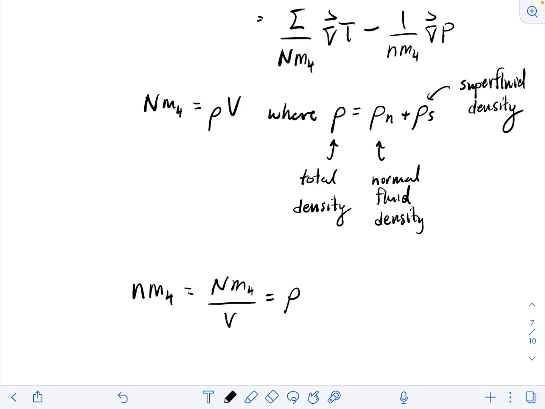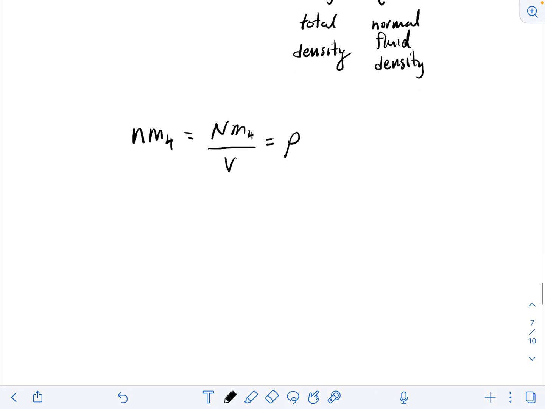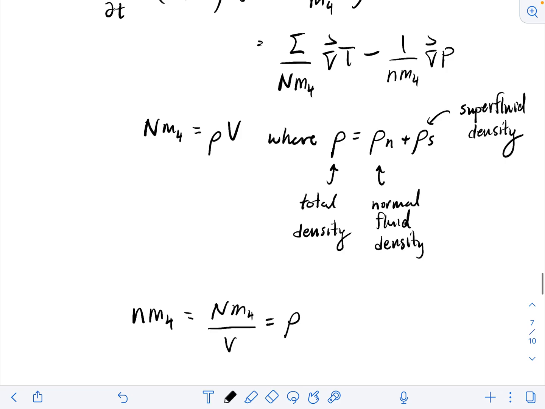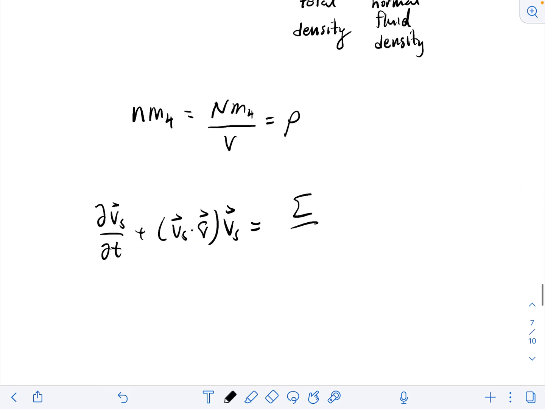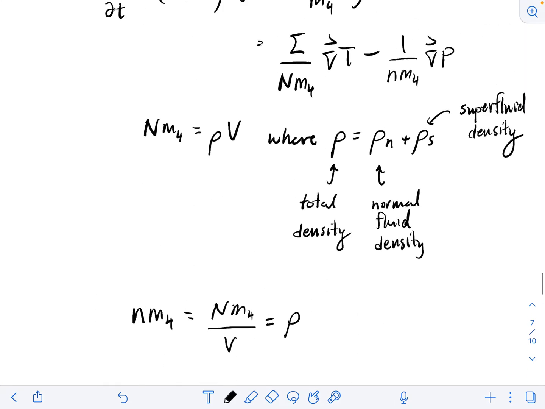So bringing all of this together then, what we have is dvs/dt plus vs dot del acting on vs is equal to sigma over rho V times the gradient of temperature minus 1 over rho gradient of the pressure.